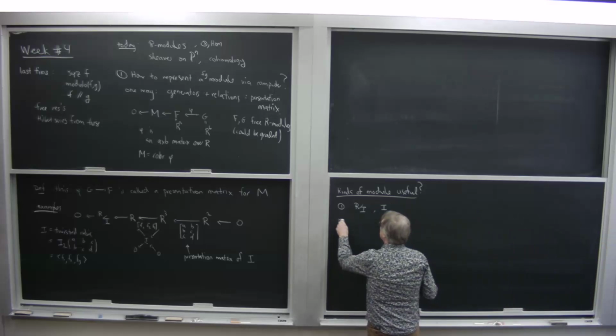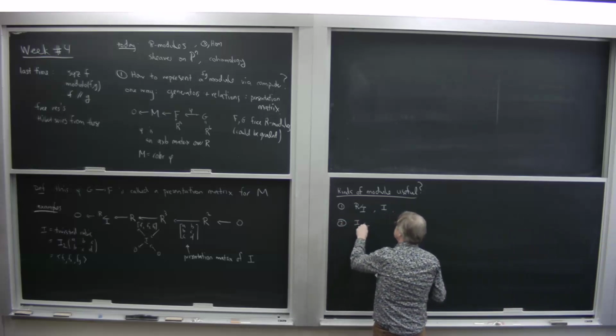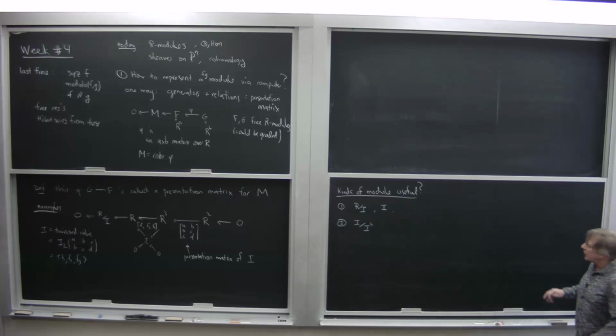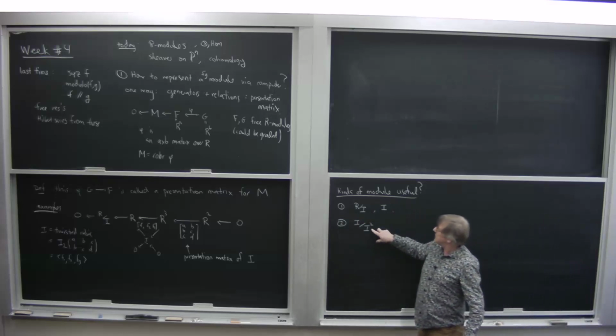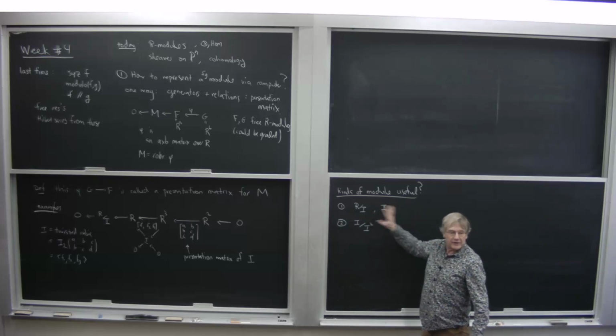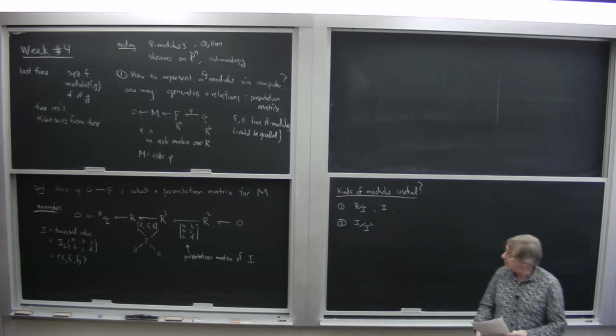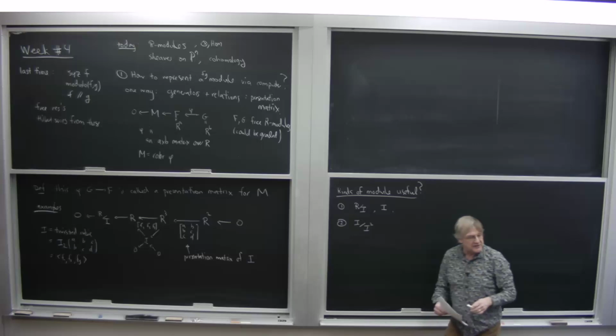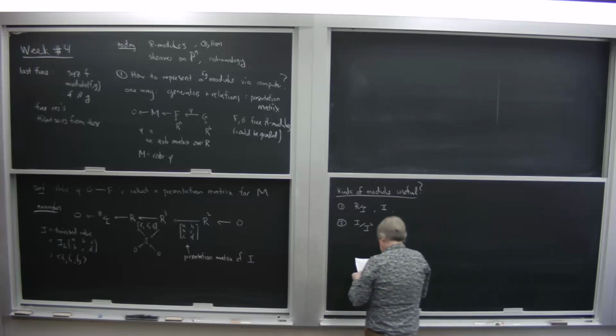That's pretty good. The second one might be I mod I squared. This is called the conormal module of I. We might have to figure out how to make a presentation of this. In fact, we will.